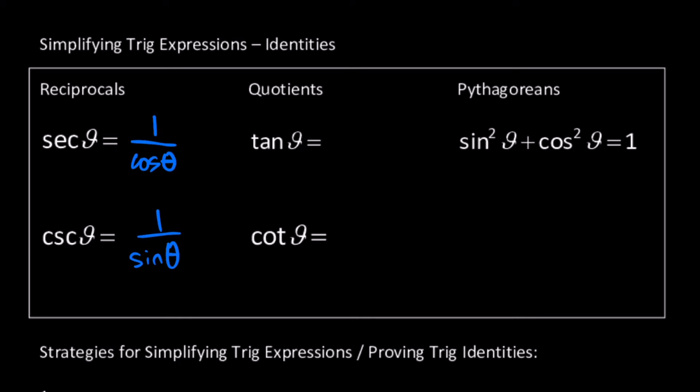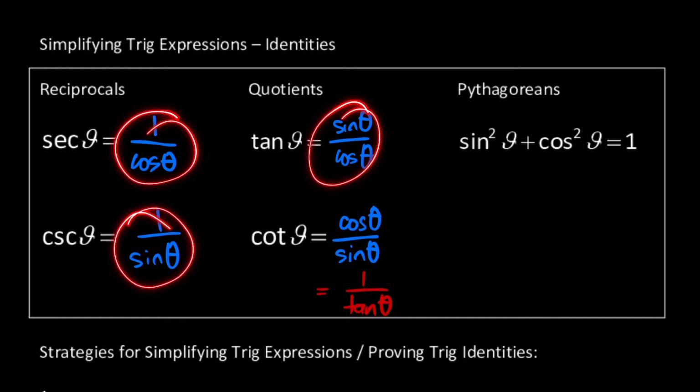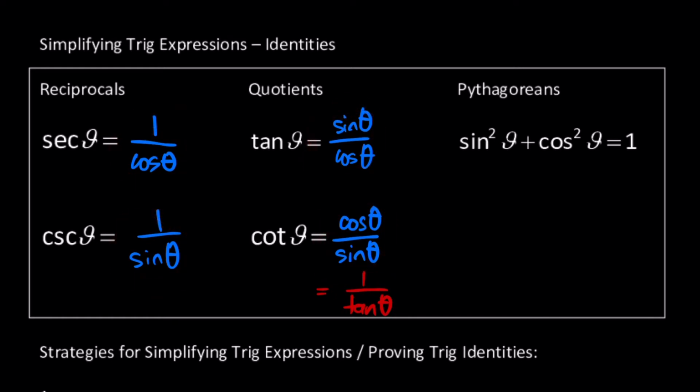Tangent theta can be expressed as sine theta over cosine theta. And cotangent, since it's the reciprocal of tangent, can be expressed as cosine theta over sine theta. Occasionally it might be helpful to replace it with 1 over tangent, but most of the time, and I'll explain this below, we like to write things in terms of sine and cosine.